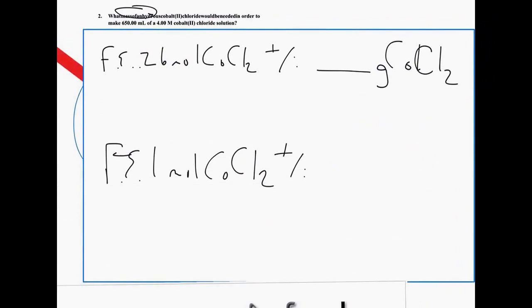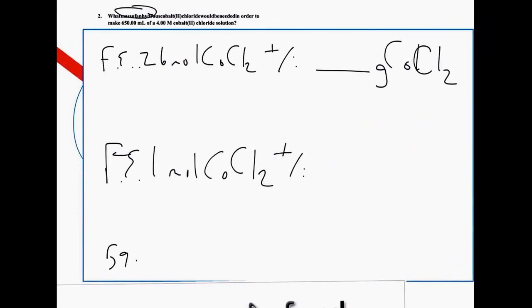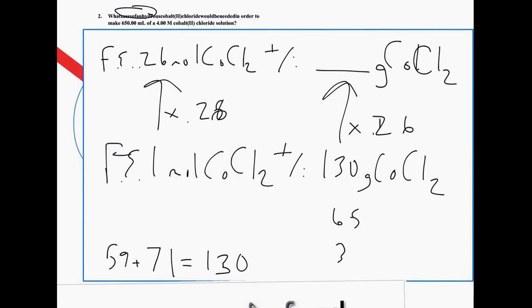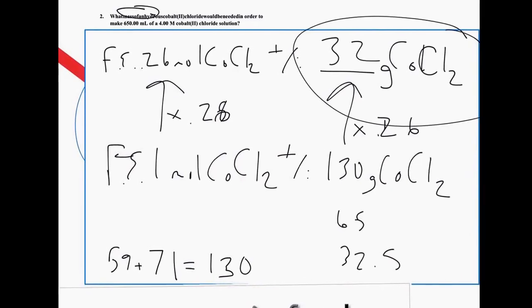So we've got 59 plus 71 is 130. So there's 130 grams of COCl2. From 1 to 0.26, I'm just going to multiply this by 0.26. So that's about a quarter. So half of 130 is 65, and half of 65 would be 32.5. So I feel pretty comfortable saying 32 grams of COCl2.